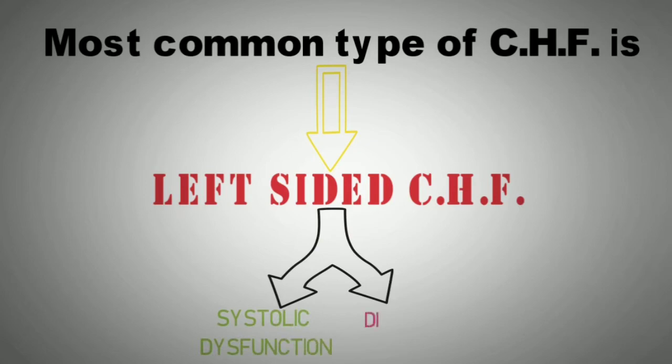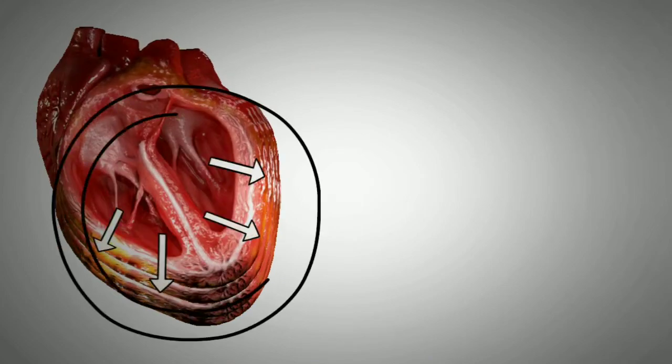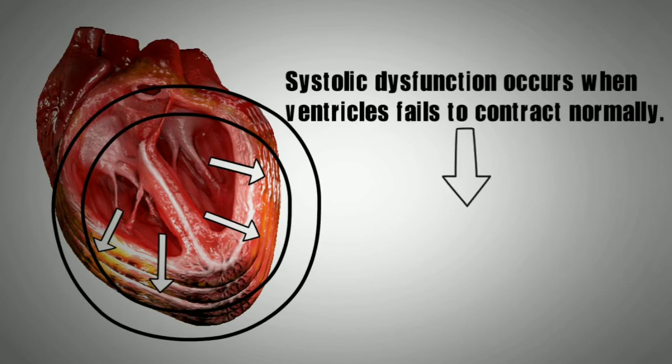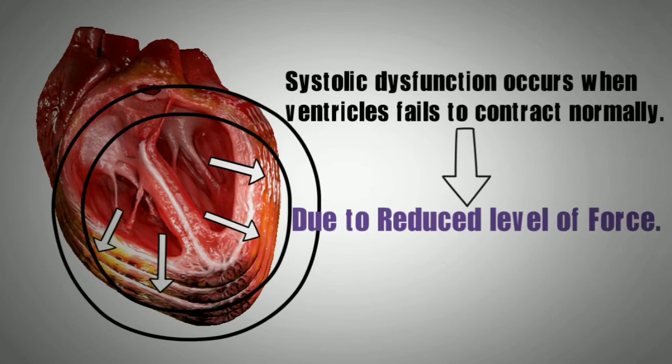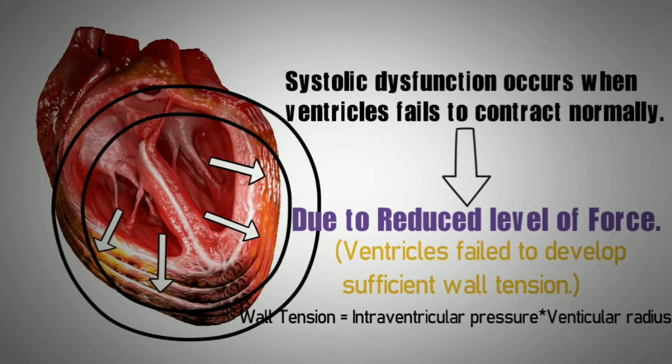Now let's check out the reason behind systolic and diastolic dysfunction. Systolic dysfunction, as the name suggests, occurs when the ventricle fails to contract normally. This is due to a reduced force of contraction, when the ventricle fails to develop sufficient wall tension. The wall tension can be defined as the multiplication of intraventricular pressure and ventricular radius.